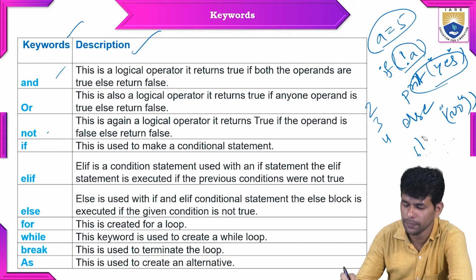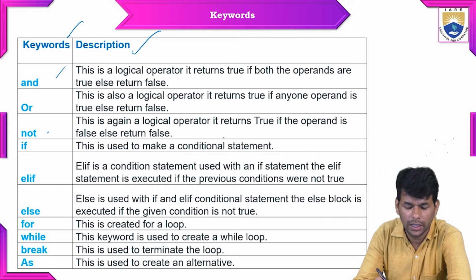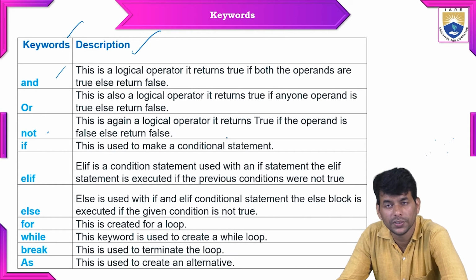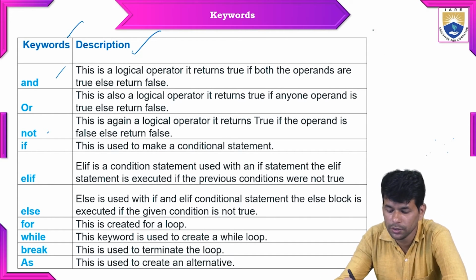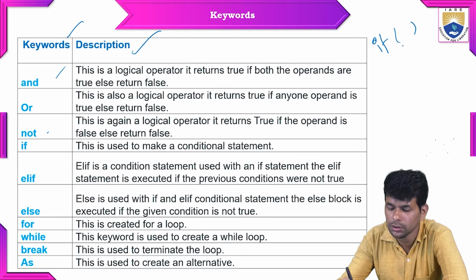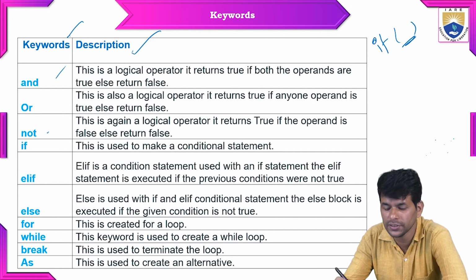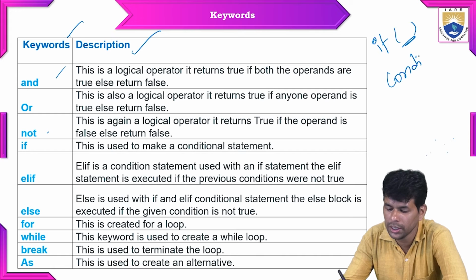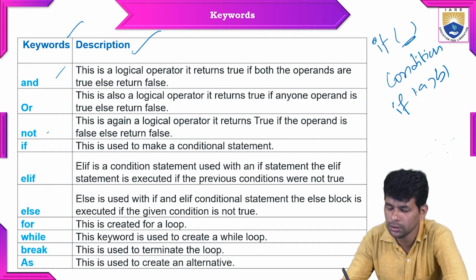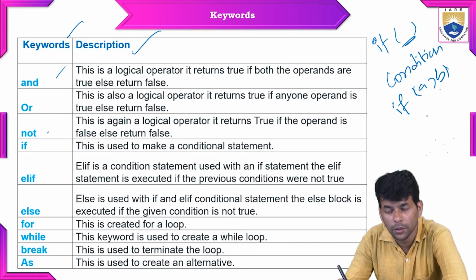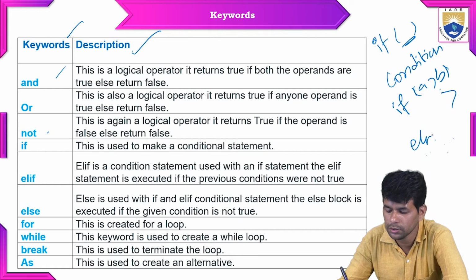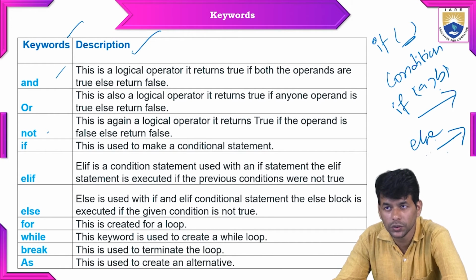The next one is the if keyword. What is that? If is used for condition checking. If A greater than B, you can perform some statements, or else you can execute some other statements.